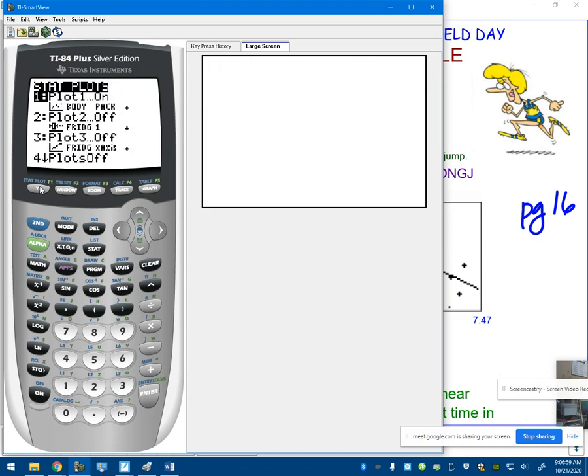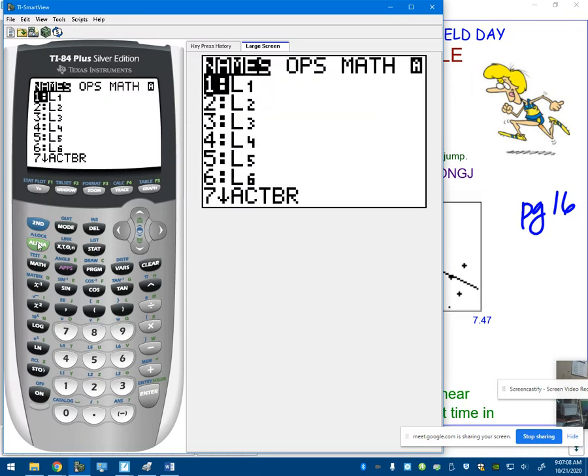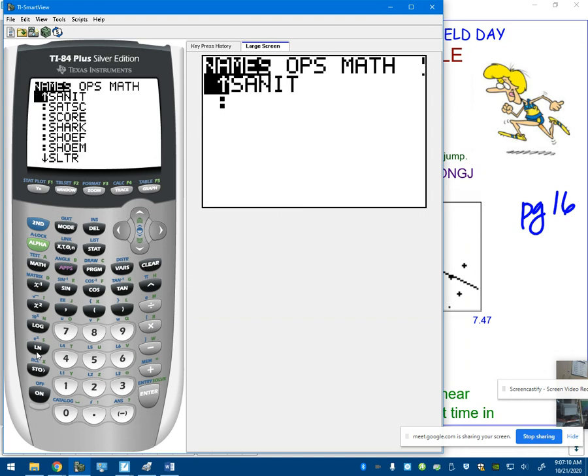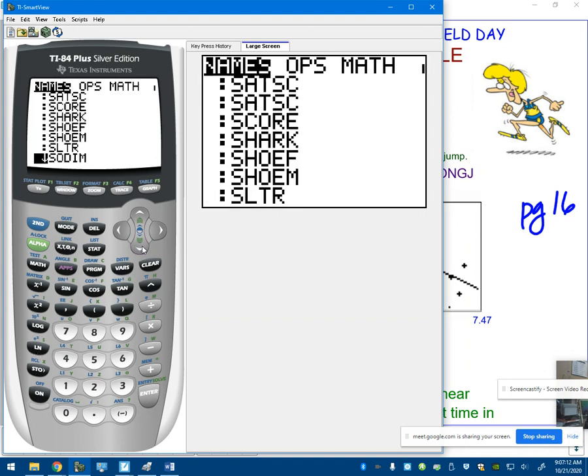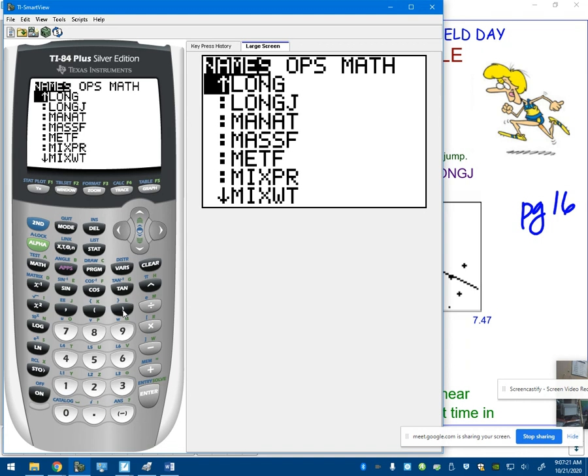Hit second Y equals. Change body to what? Sprint. Second list, alpha S, natural log, all the way down to SP. There he is. And take out pack and put in long J, which is the closed parentheses.